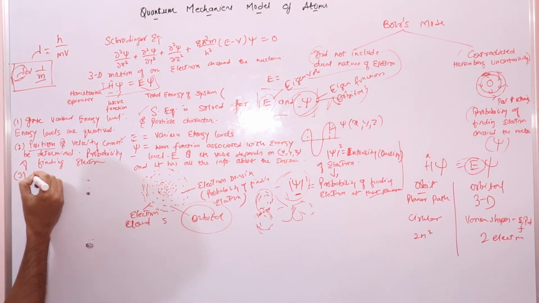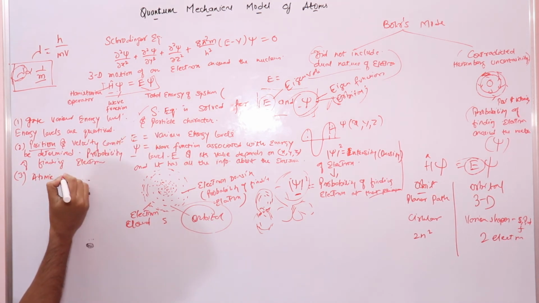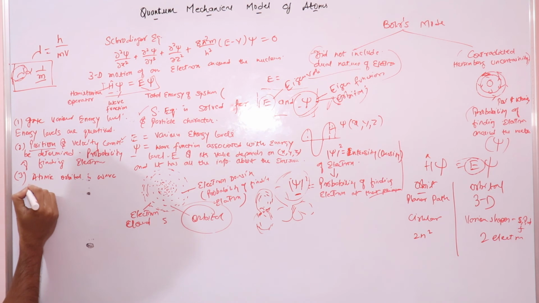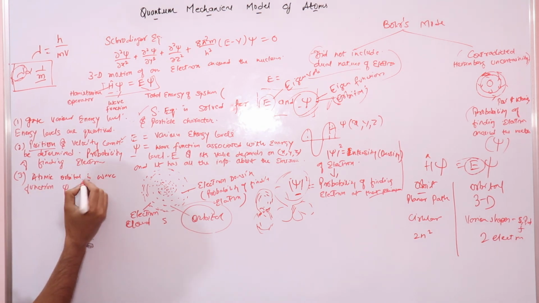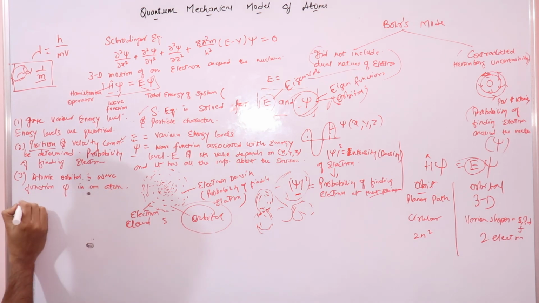So if you want to define it from this explanation, an atomic orbital is the wave function psi in an atom. The other important point is that an orbital cannot contain more than 2 electrons. We have already discussed all this.